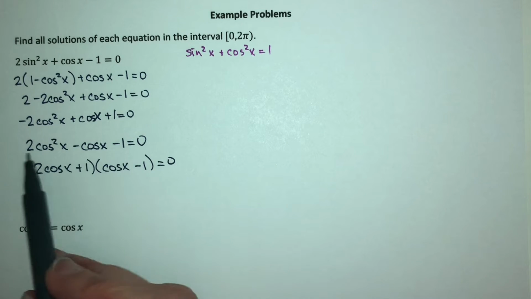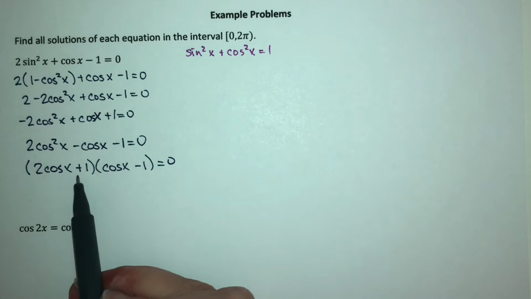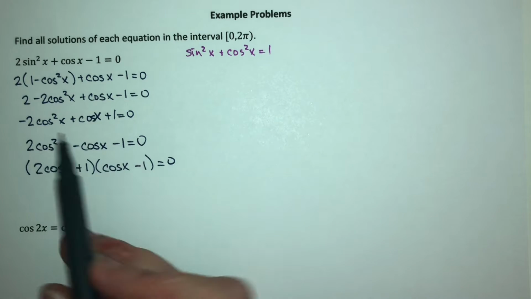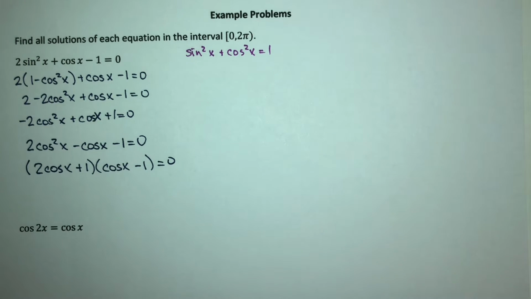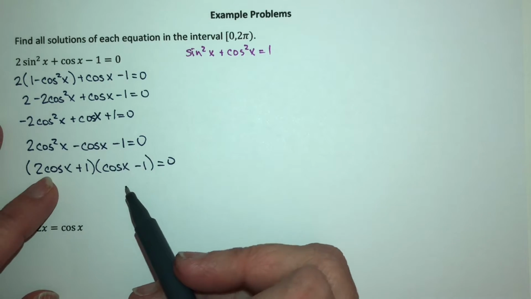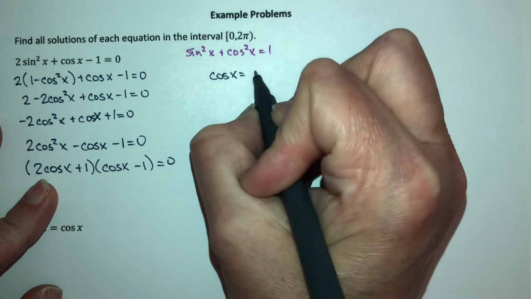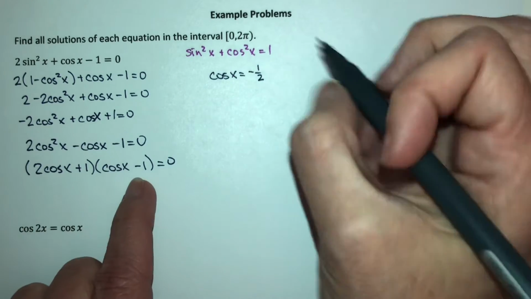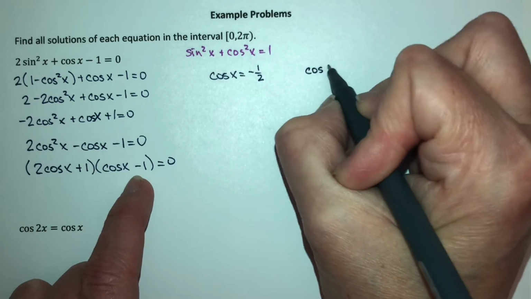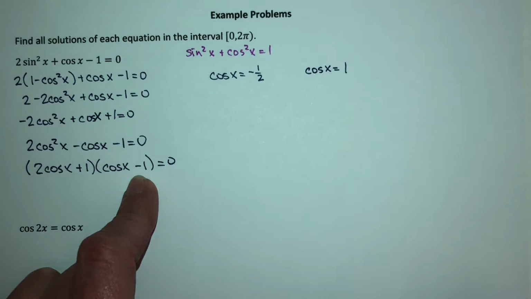So multiply: 2 cosine minus 2 plus 1, so minus cosine, and then a negative 1. That's correct. And now we would set each of these equal to 0. So from this one, I would have cosine of x is equal to negative 1/2. And here I have cosine of x is equal to 1.